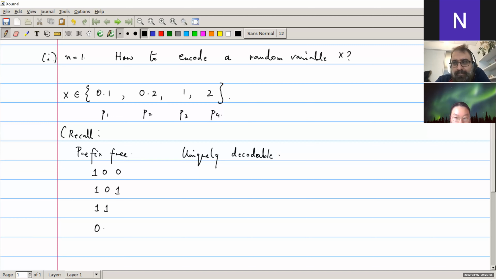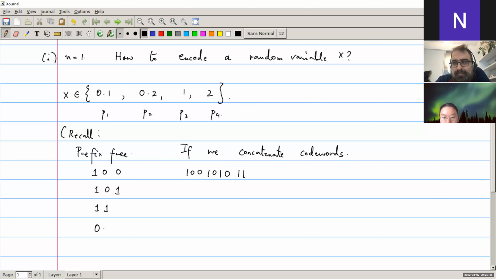So for example, if you concatenate code words, that means I write 100, 101, 011. It doesn't matter how I concatenate. There is only one way to interpret the sequence of bits as a series of code words.